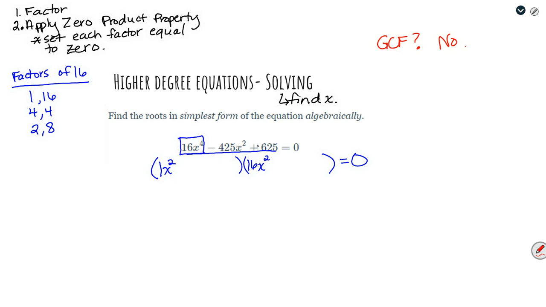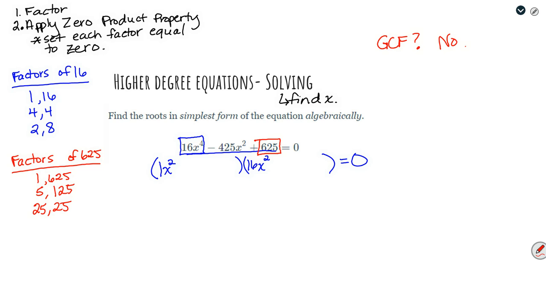Then I need to figure out what's going to multiply to be 625. So what are some factors of 625? Well, 1 times 625. If I divide 625 by 5, 5 times 125. 25 and 25, and I think that's it.